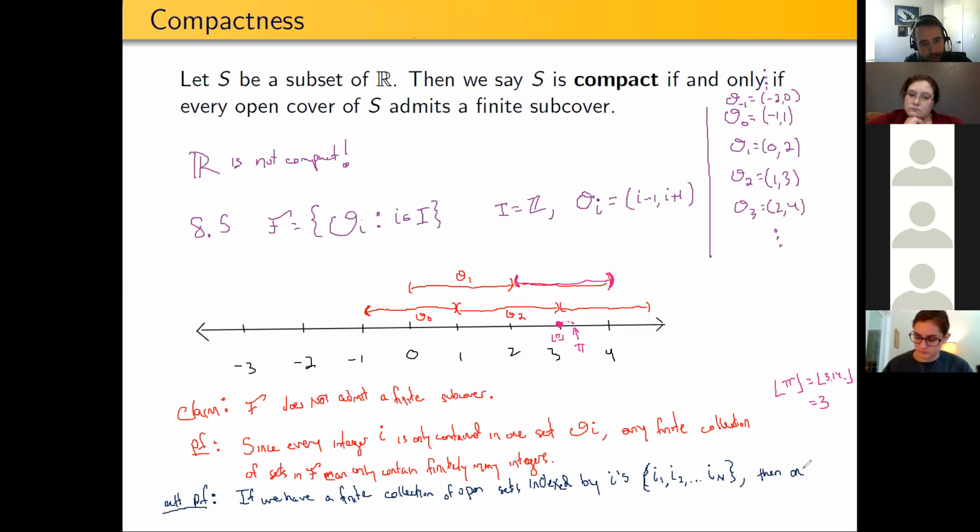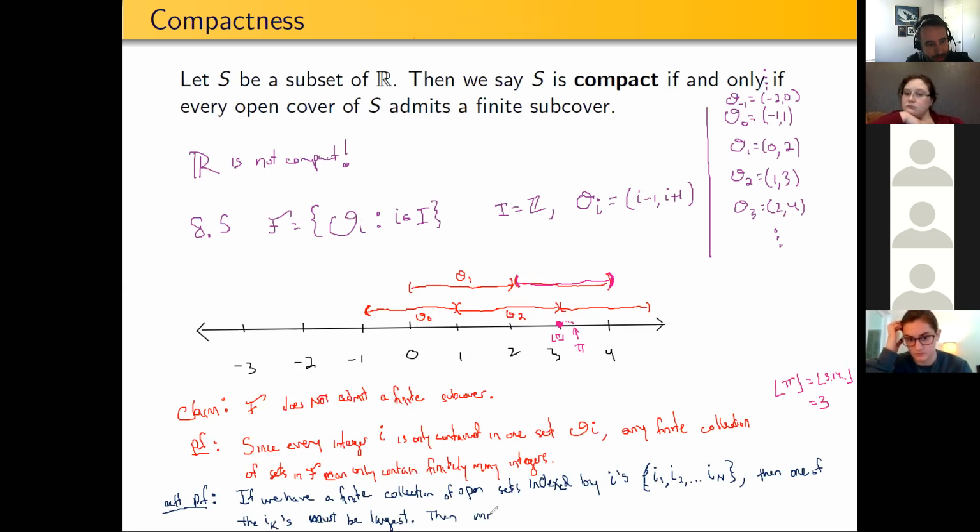Then one of the I sub n's must be largest. One of the I sub k's, I guess, we'll just use all our indices here. One of the I sub k's must be largest. And if I find that maximum I sub k, right?